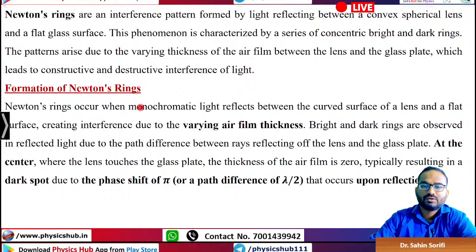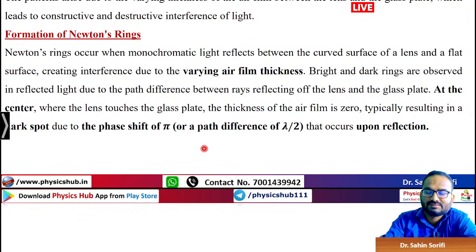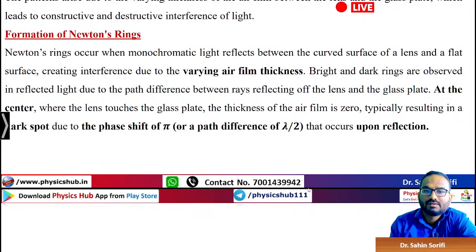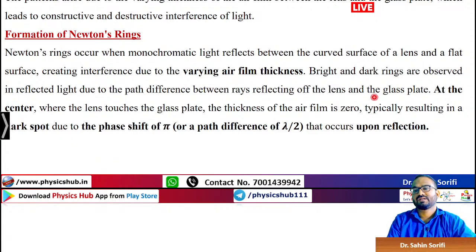Newton's rings occur when monochromatic light reflects between the curved surface of a lens and a flat surface. It is talking about this. Here it is reflected from the curved surface of the lens and from the flat surface, creating interference due to the varying air film thickness. Bright and dark rings are observed in reflected light due to the path difference between rays reflecting off the lens and the glass plate.